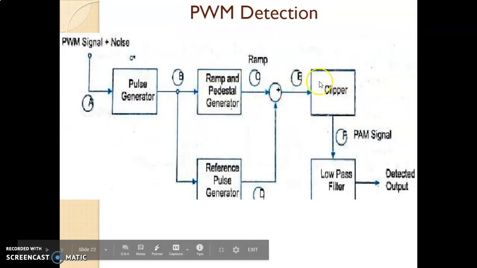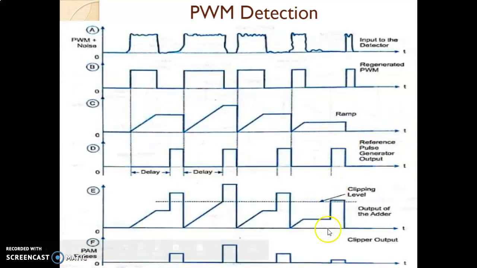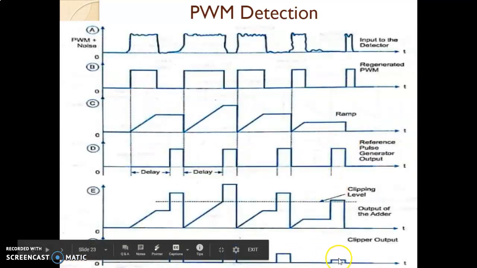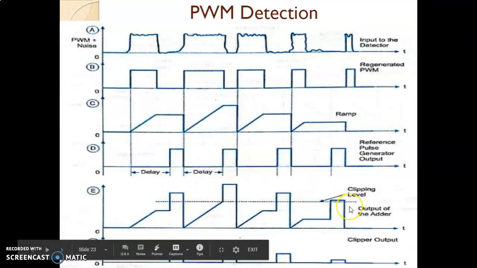The clipper has some predetermined level, after which the signal will be clipped. The output of the clipper is point F. At point F, you are getting pulses which have amplitude change. This is the clipping level, and beyond this, all the signal is clipped, and you only get these pulses at the output, which is our PAM signal.